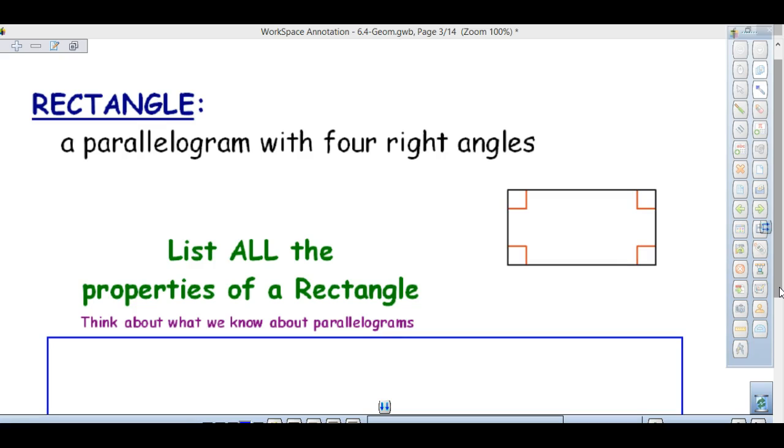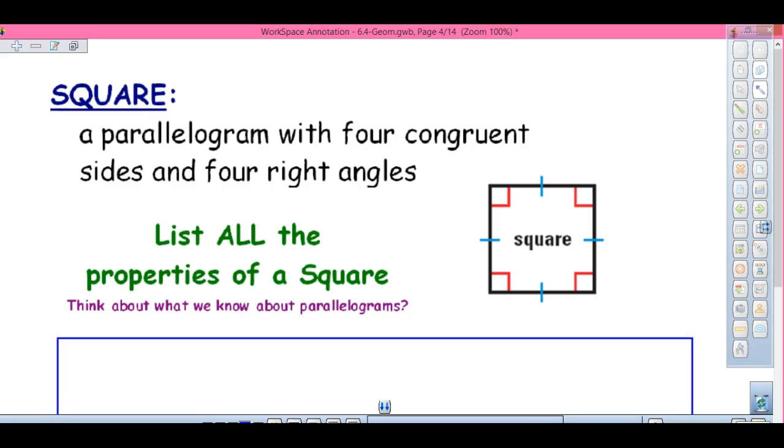A rectangle is a parallelogram that has 4 right angles. So what was a rhombus? 4 congruent sides. It was a parallelogram with 4 congruent sides. What's a rectangle? With 4 right angles, yep. And then a square has properties of both a rectangle and a rhombus because it has 4 right angles and 4 congruent sides.